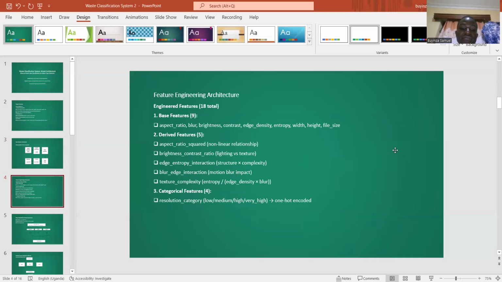Looking at the feature engineering architecture, the engineered features are 18 in total, where 9 are base features: the aspect ratio, the blur, then the brightness, contrast, edge density, entropy, width, height, file size. That is covering the base features. Then the derived features are 5: aspect ratio squared, which is for a nonlinear relationship.